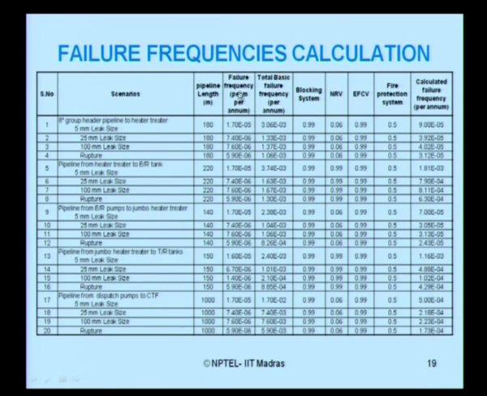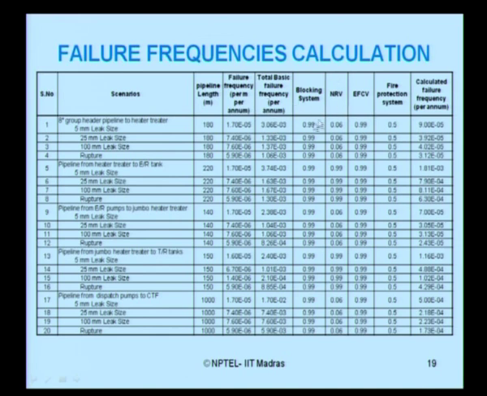I can simply multiply the frequency per meter per annum by the length of the pipe. I will get the total basic failure frequency per annum. So, the parameter of length of the pipe is now eliminated from this column to this column. This is nothing but the product of this multiplied by the length in meters. I will get this value.